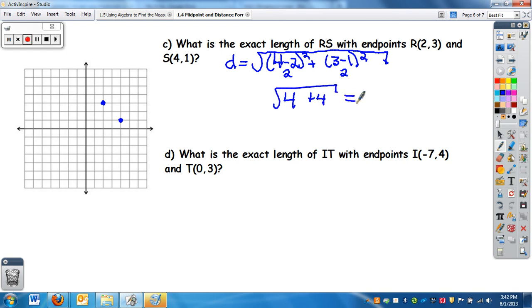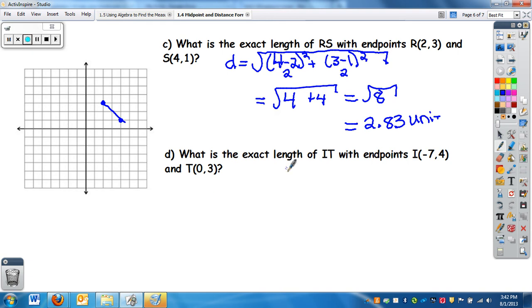Square root gives me the square root of 8. So then I can type in the square root of 8, which gives me 2.83, and I only need to round to the nearest hundredth. I don't need any more. 2.83 units is the length from here to here. And again, I can look at it: diagonally is usually longer, so it's about 2, so it'll be longer than 2. But if you got something outrageous, then again, using your common sense is very important.